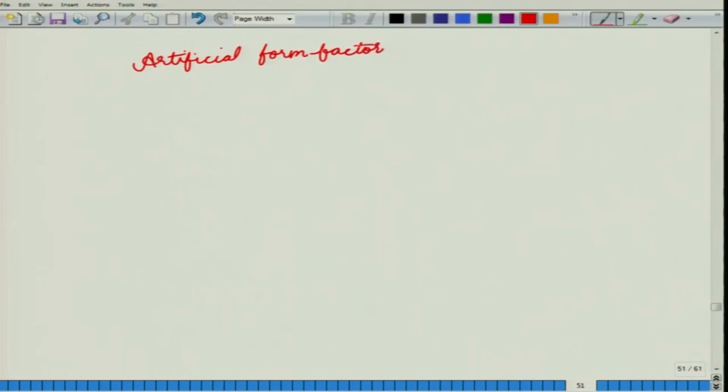Now, what is the artificial form factor? As we saw in the previous slides, an artificial form factor is the breast height form factor, in which you take the volume of the tree, you take a cylinder whose diameter is the same as your diameter at breast height and the height equal to the height of the tree. You divide the volume of the tree by the volume of the cylinder, and the value that you get is the artificial form factor.